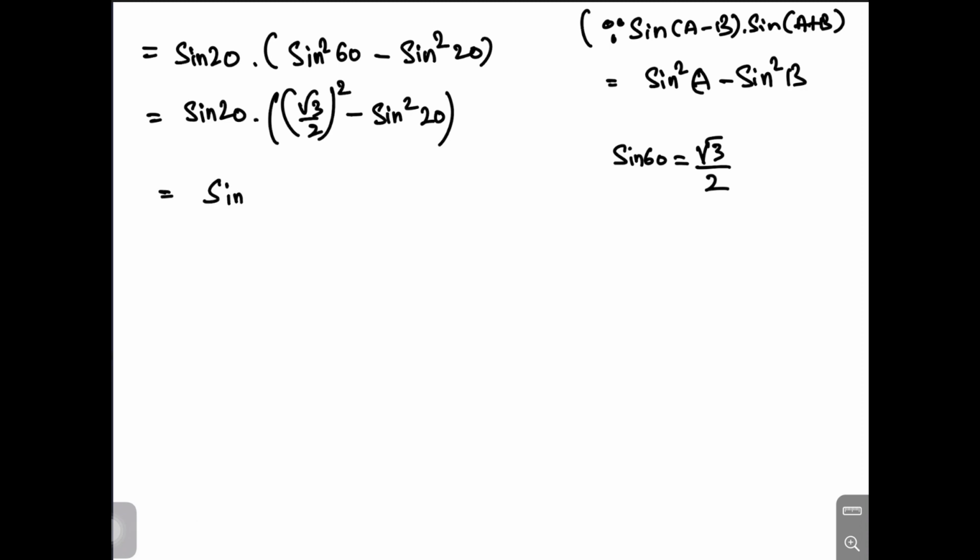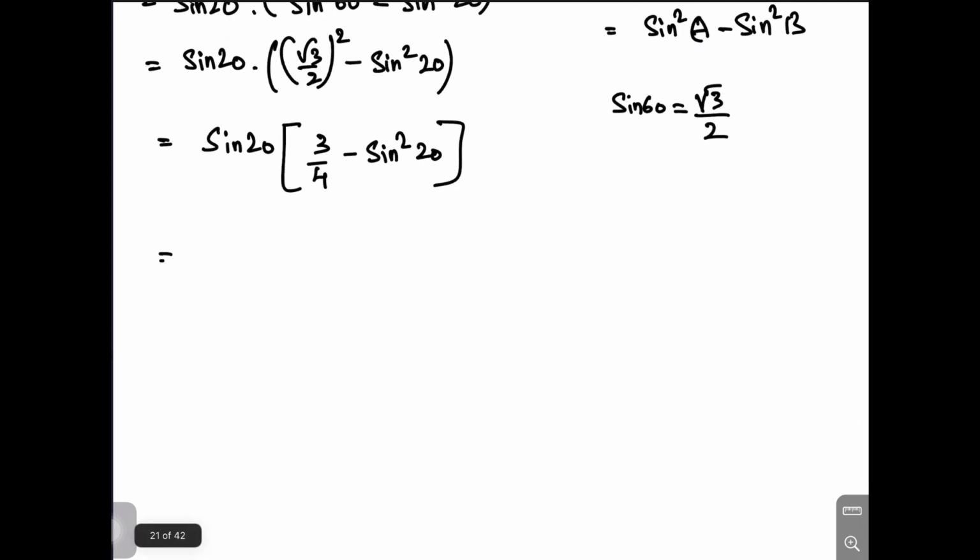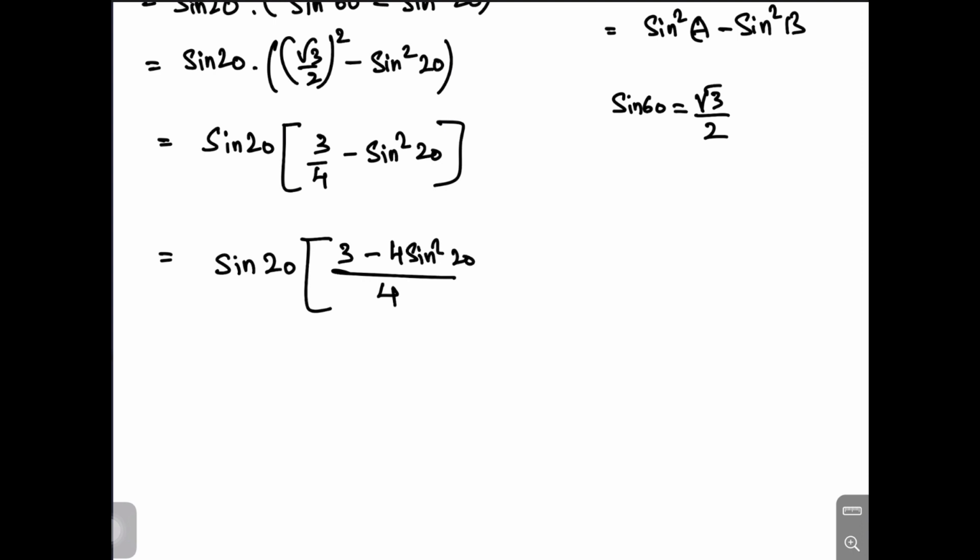So here sin 20 into 3 by 4 minus sin square 20. We can take LCM as 4. So here 3 minus 4 sin square 20.